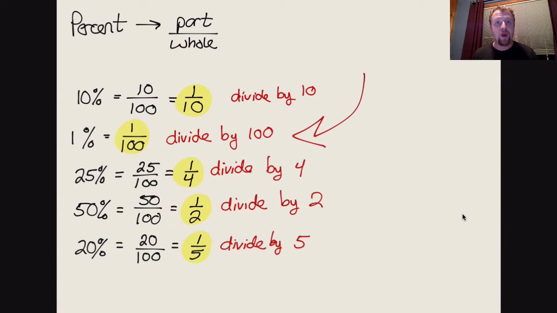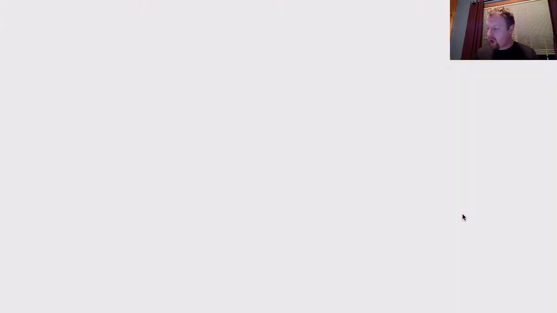That's kind of the goal here, to work on our estimation strategies, our mental math strategies. These are important strategies in helping us to build strong mental math skills so that when we see percents, our ability to understand them and comprehend them increases. All right, I'm going to do one more problem and then we'll call it quits.